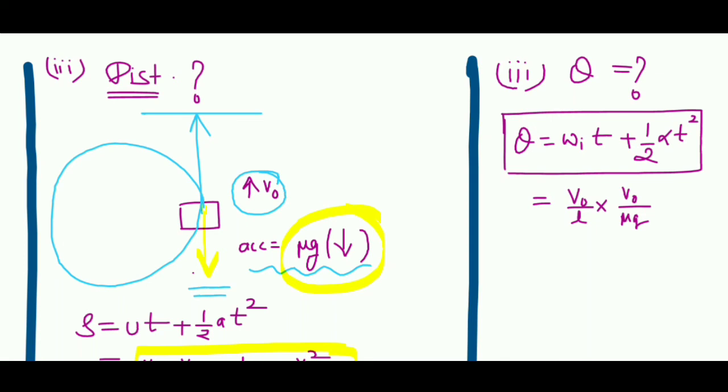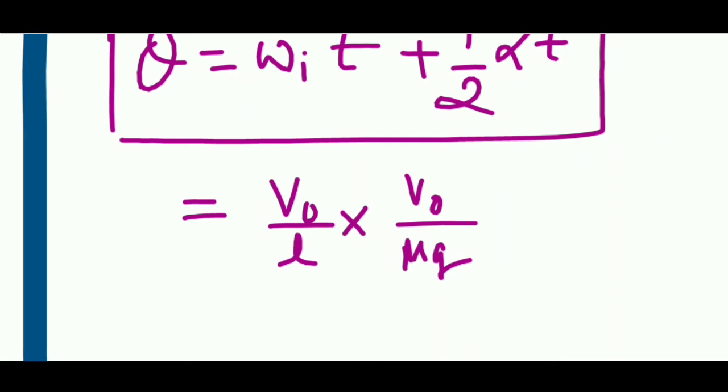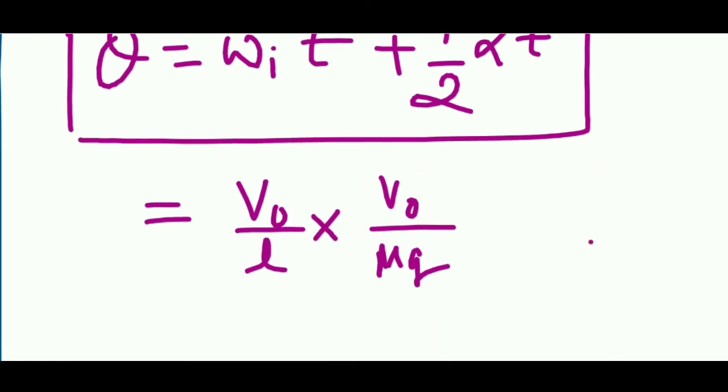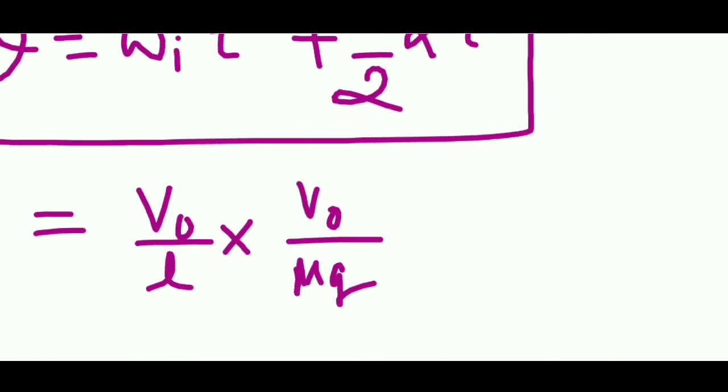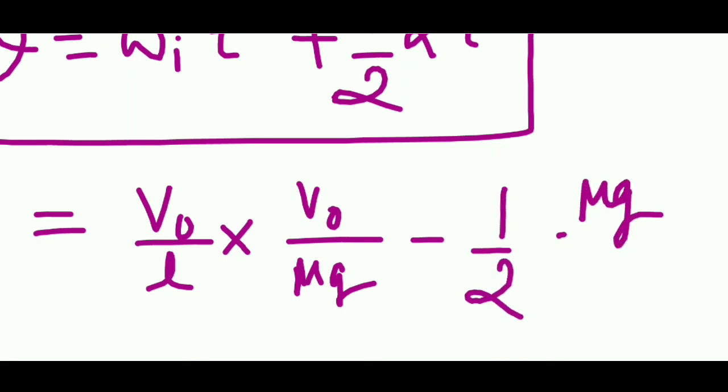So this tangential acceleration divided by radius, which is L here, will give you alpha. So I can write very easily minus half, mu g divided by L, which will be alpha, multiplied by v naught by mu g.